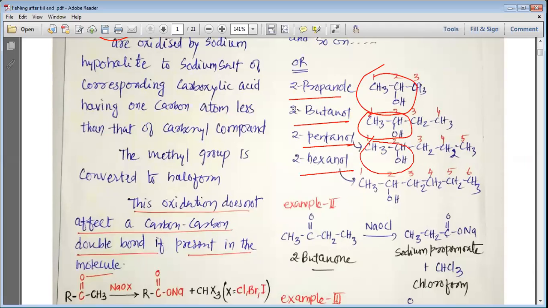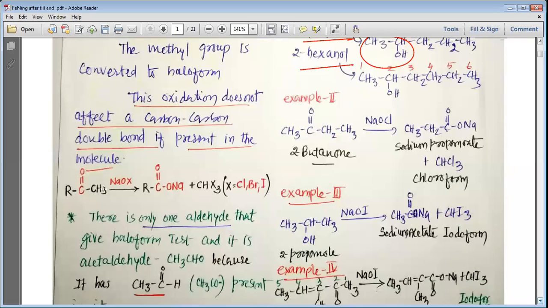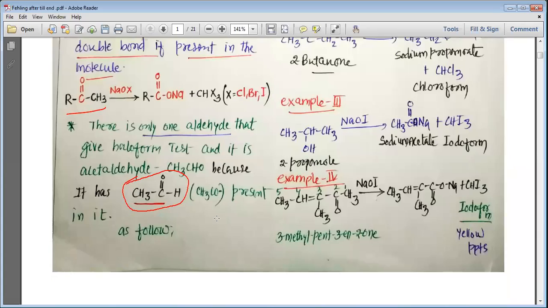There is only a single aldehyde that gives this test, and that is acetaldehyde or ethanal. Acetaldehyde or ethanal is the only aldehyde that gives the haloform test. All the other aldehydes do not give the haloform test. So if you want to distinguish between aldehydes and ketones, you can easily go for the Fehling test or Tollens test, which is not given by ketones, but the haloform test is given by ketones.